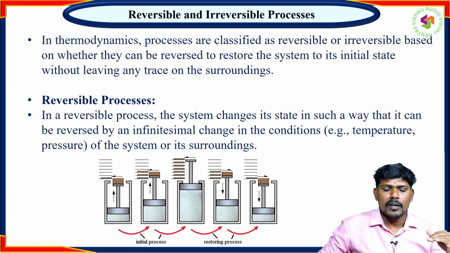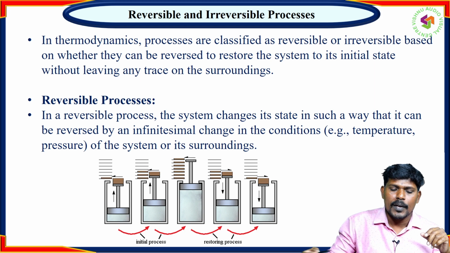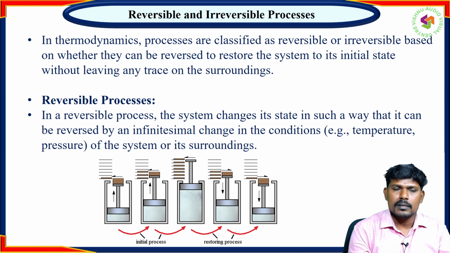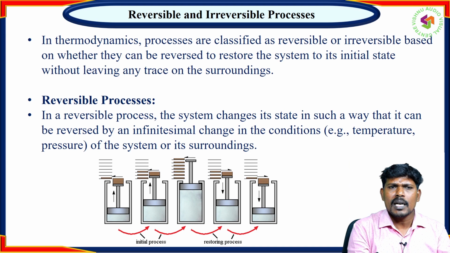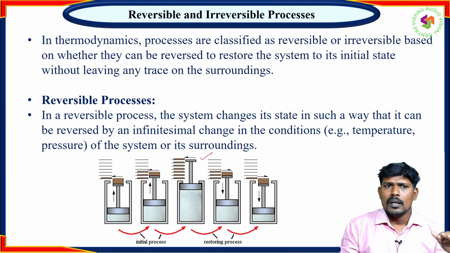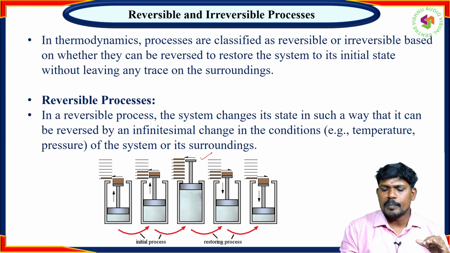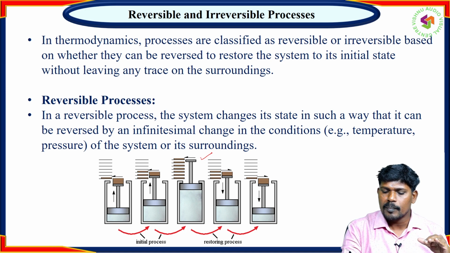Initially the piston is loaded with weights. When the loads are removed one by one, the piston moves upward. Again, when we start applying the loads on the piston, it comes back to the initial condition.